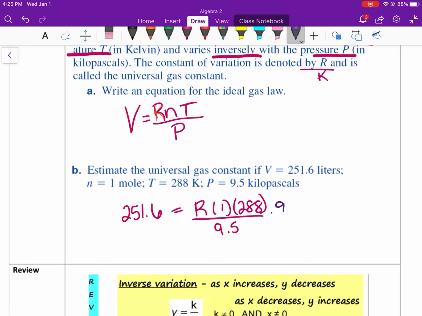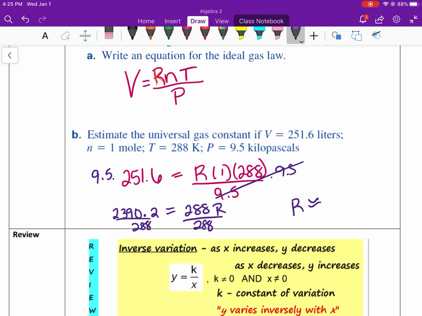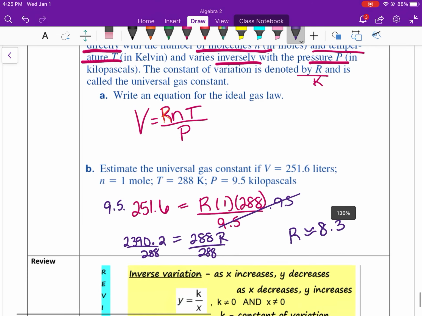So I'm going to multiply both sides by 9.5. I need a calculator for this, but let's see. 2390.2 equals 288R. Then divide both sides by 288. R is approximately equal to 8.3.